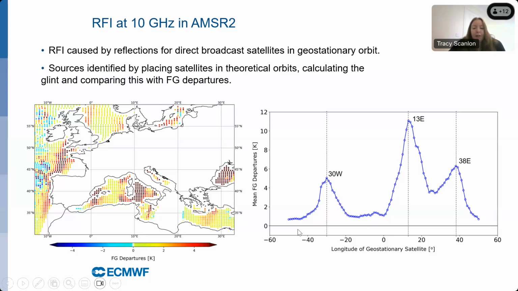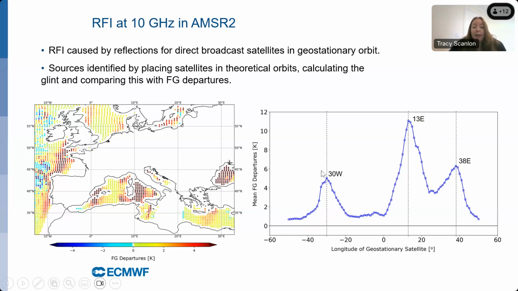So what I've done here is I've placed a theoretical satellite at 1 degree spacings around the world, and I have calculated the glint angle. For any glint angles under 3 degrees, I've then generated the mean first guess departure from this exact geographical area that we see here.